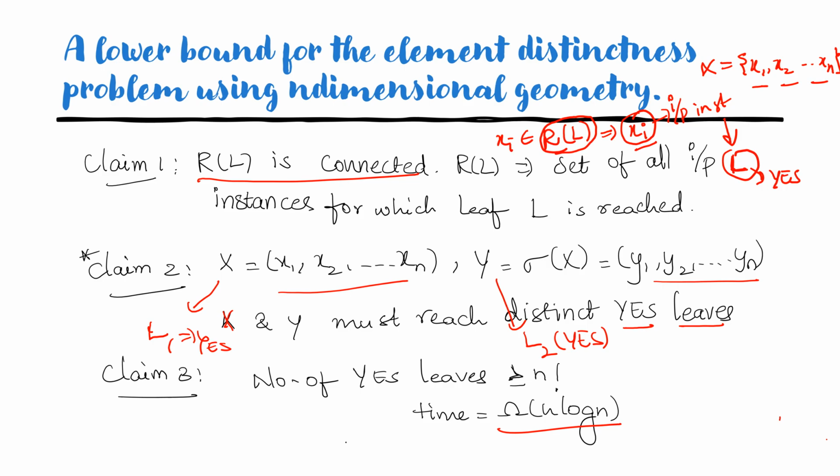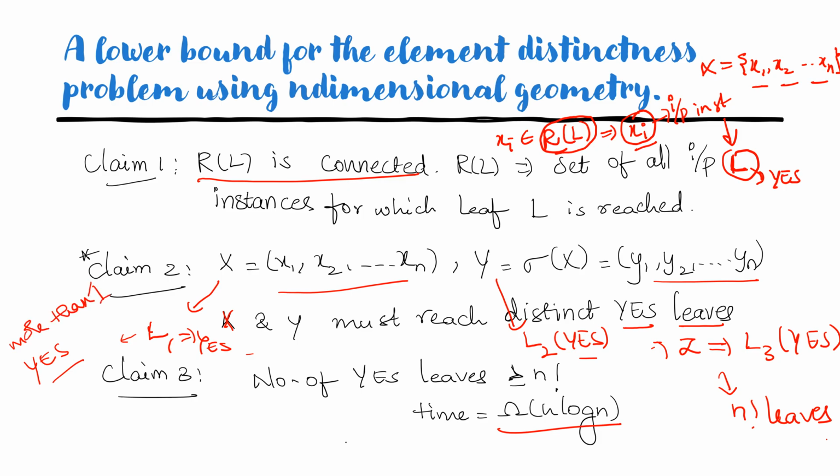If I show that x and y reach 2 different leaves, then I can show z which can reach L3 s. So this can be extended to n factorial leaves. So basically I'm trying to show that there is more than one s leaf.